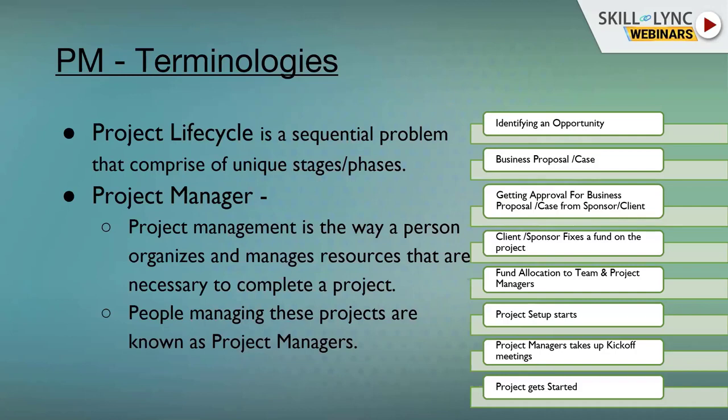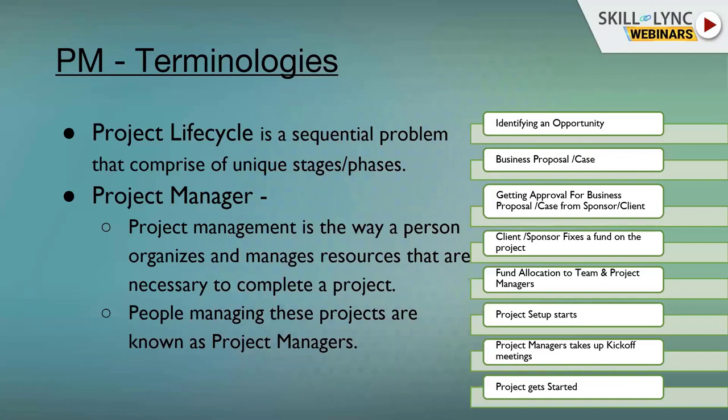If I tell you about the project manager, what does the project manager do? Project management is the way a person organizes and manages the resources that are necessary to complete a project, which I already told you. But who is that person? The person is the project manager, the person who manages that project.